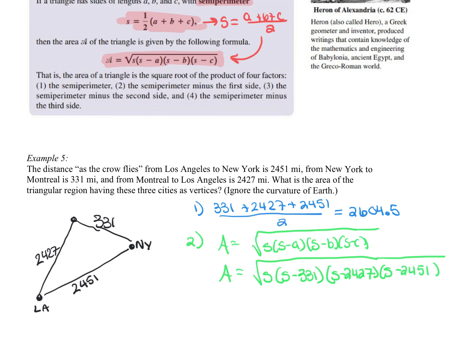And then when you're all done with this, you need to square root the answer. You should get, to the nearest whole mile, that the area is 401,700 miles squared. And that is 7.3.